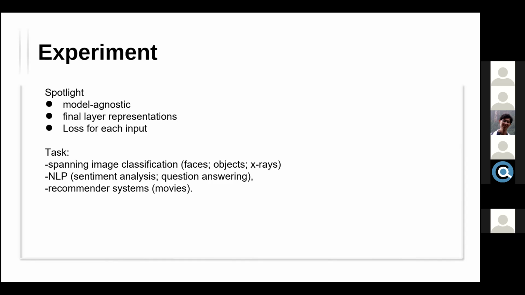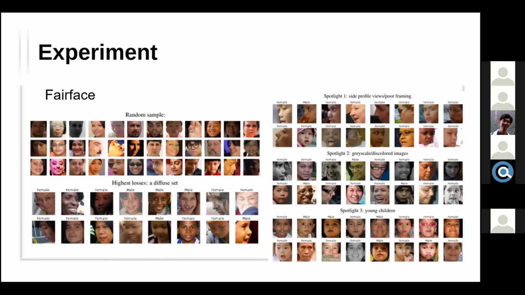In their experiment part they cover all those tasks. The first one is the gender recognition task, where the model needs to predict whether the image is a man or a woman.